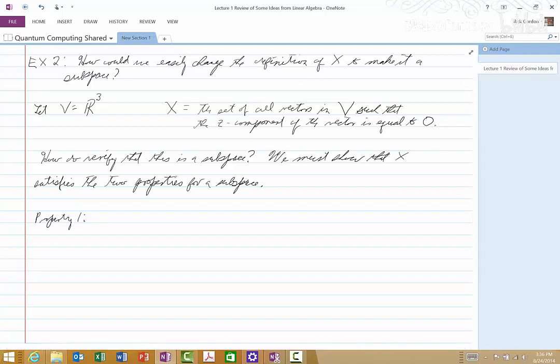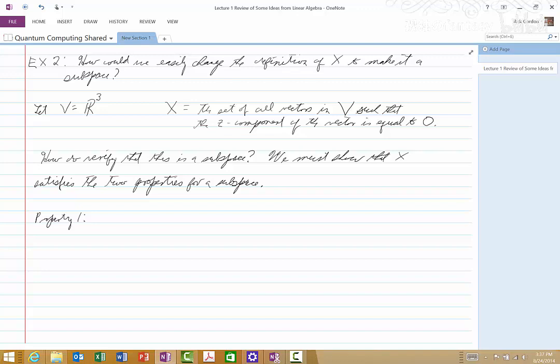And so all we had to do was find one instance in which it broke either one of the properties, and that was enough. But now that we're trying to prove that this particular X is a subspace, we need to be general in what we say and try to prove that it would satisfy properties 1 and 2 under all circumstances. So let's try to be general in what we do here.